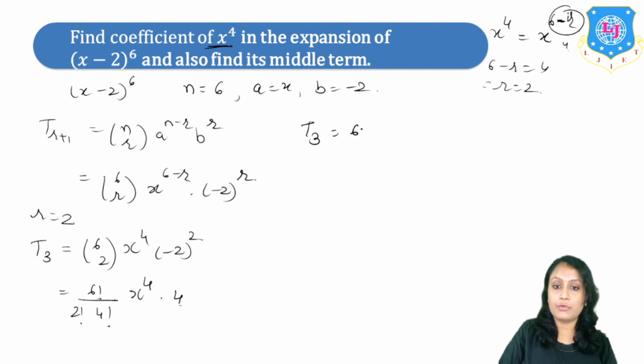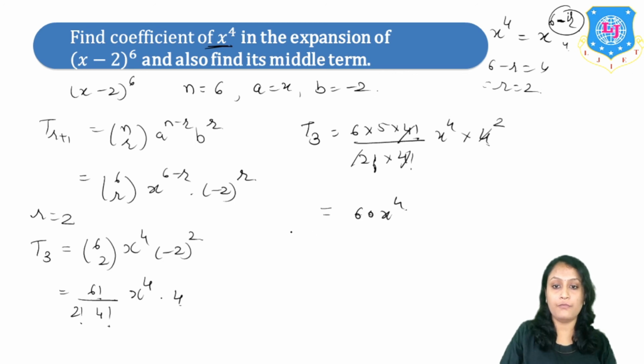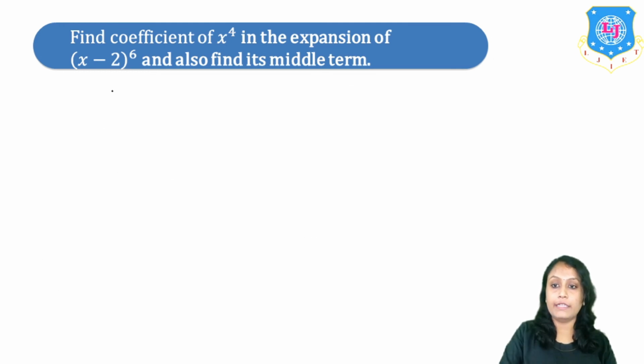Now the 6 factorial we can write it like this: 6 into 5 into 4 factorial upon here 2 factorial, that is 2. And this 4 factorial we will write as it is, x raised to 4 into 4. This 4 factorial will get cancelled. So here 2 will get cancelled over here, so we have 5 into 6 into 2. So it will give you 60 x raised to 4. Right, so the coefficient of x raised to 4 is what? 60.